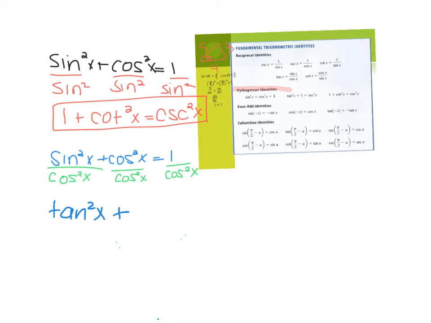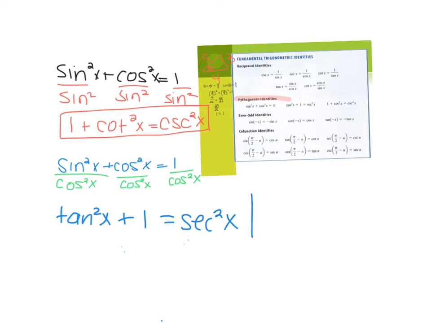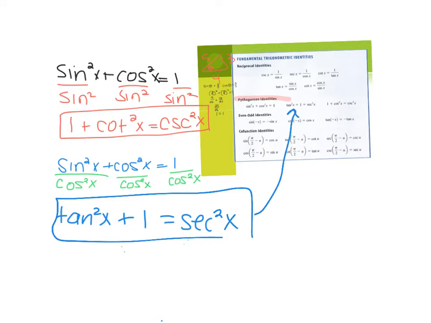I get cosine squared divided by cosine squared, which is 1. And I get 1 divided by cosine squared, which is secant squared. And that gives me the second one. So if you want to memorize all three, go for it. That's one way to do it. The other way is if you forget or you're unsure, then you can derive it. Just know that first one, the sine and cosine one, and then divide everything by sine to get the last one, divide everything by cosine to get the second one.